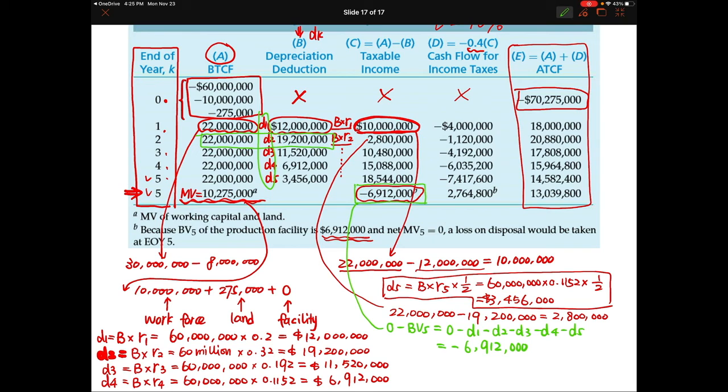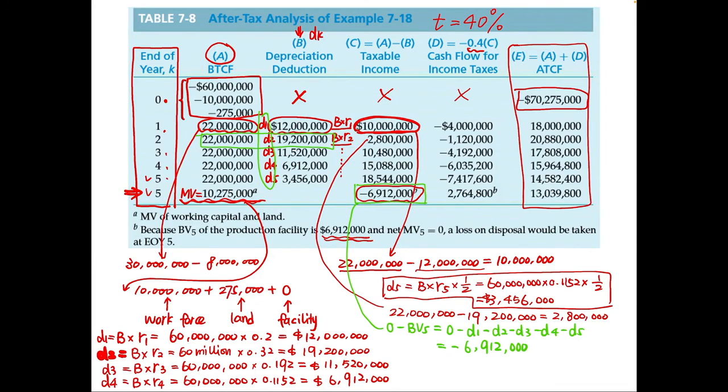Okay, and then to fill up column D, it's easier. But don't forget about the negative sign, and then you need to multiply the numbers in column C by 40%. Okay, so the negative 4 million is gonna be 10 million times 0.4, and you need to add this negative sign.